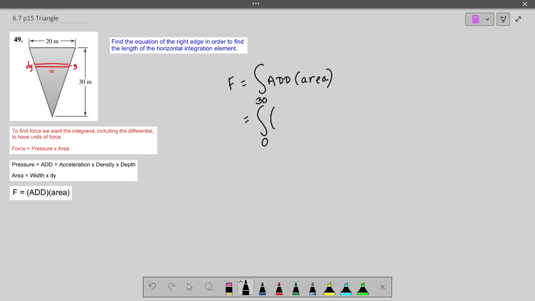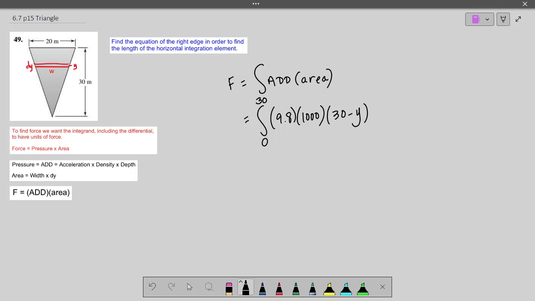And then we do our standard stuff, 9.8 times 1,000: acceleration, density, 1,000 kilograms per meter cubed. And then d, distance. How about distance? 30 minus y. So upper height is 30, and we're going to subtract off the height of that horizontal element.